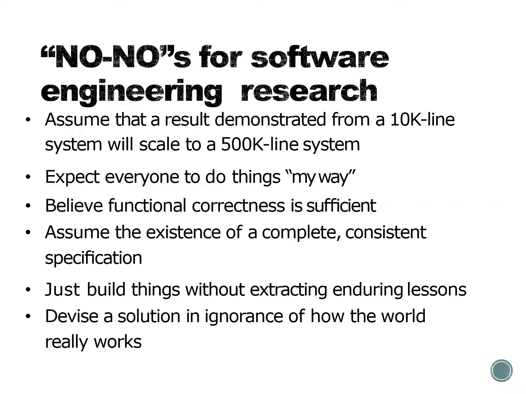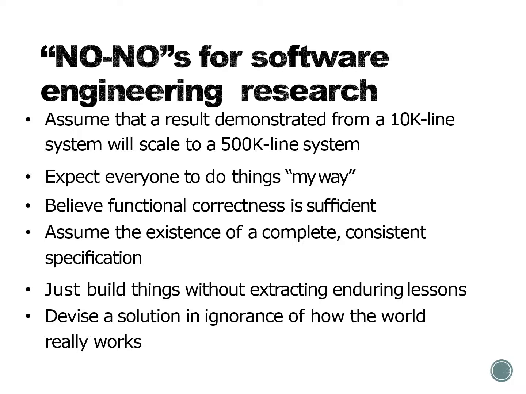But there are still a couple of things that you really shouldn't expect as a software engineer. If you make a 10,000 line demonstration system, it might not, or will not, scale to a full-sized system. You are not always the person to have an absolute truth on how things should be done, and functional correctness is not enough.